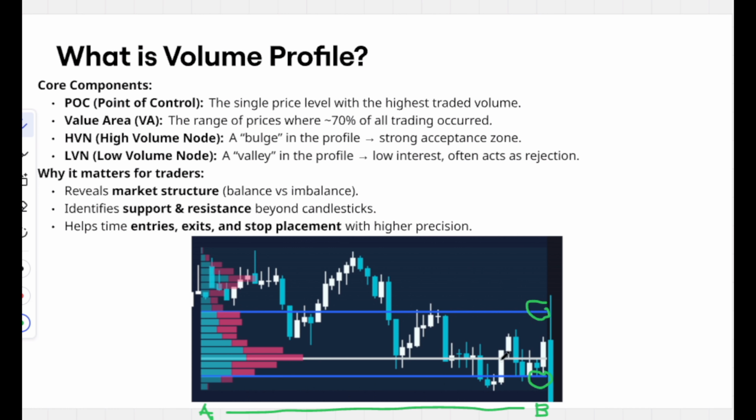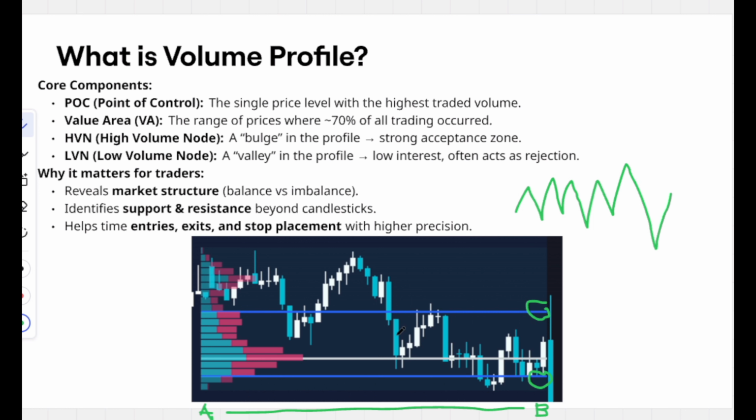Within the box, the price will always react towards the mean value, which is the point of control. Price is always moving up, down, up, down, going out a little bit, then back down, always around the middle until a breakout. This is essentially why price moved the way it did.